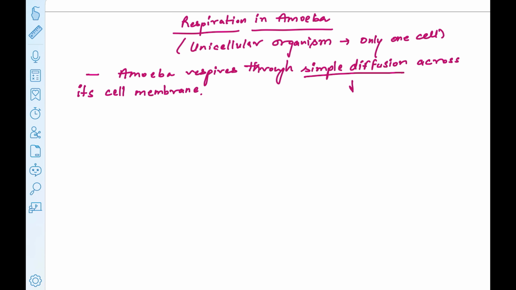And simple diffusion is the process by which molecules move from a region of higher concentration to a region of lower concentration without the need for any energy or special carriers. Okay, and it happens naturally due to the random movement of particles.